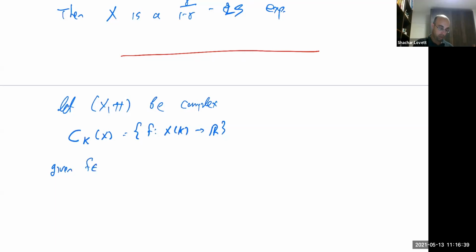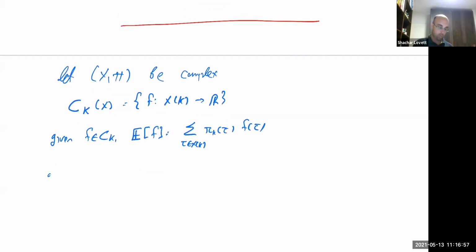Given a function f here, its expectation is just going to be the sum over all tau in X^k of the distribution over the space, times f(tau). And also, you can define the inner product. Given f and g in C^k, the inner product is just the expectation of f times g. Okay, so we've seen this expectation plays nicely with the way we define our distributions.